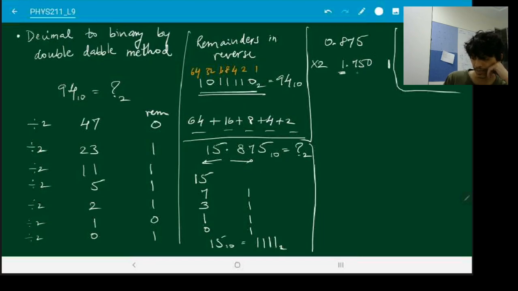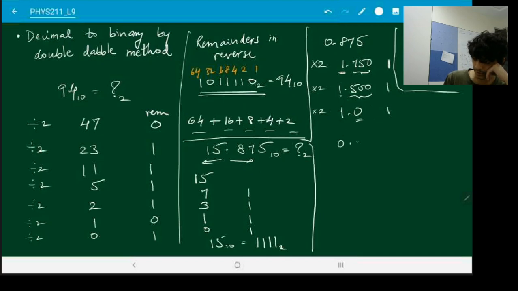And now again you multiply the rest of it by 2. So if you just multiply this by 2, now you get 1.5. So again there is the 1, keep a note of it. Again multiply by 2, just take this part and multiply by 2. 0.5 multiplied by 2 gives you 1.0. So you get a 1. That's it. Now you have a 1 over here, so you stop multiplying.